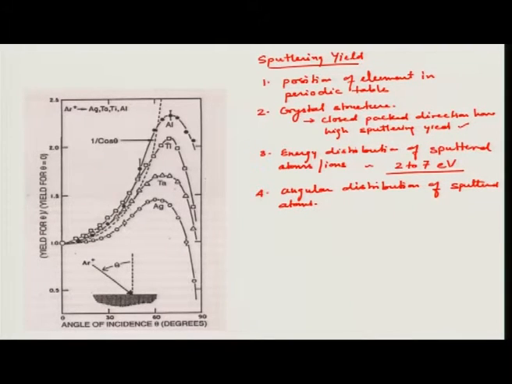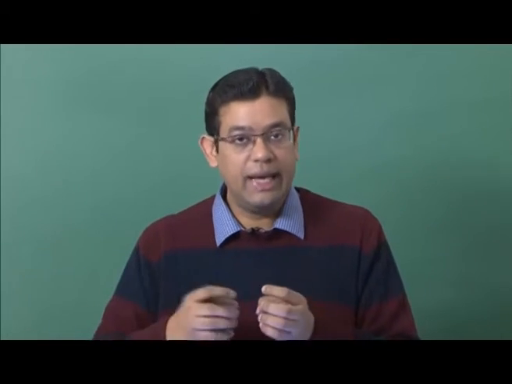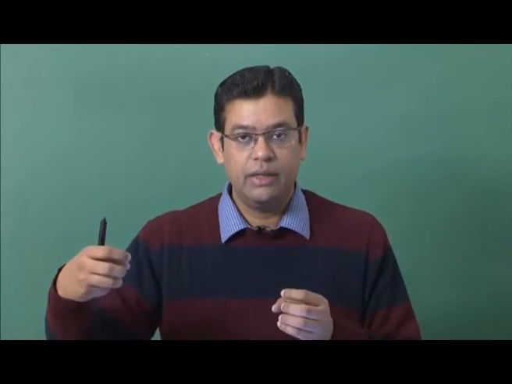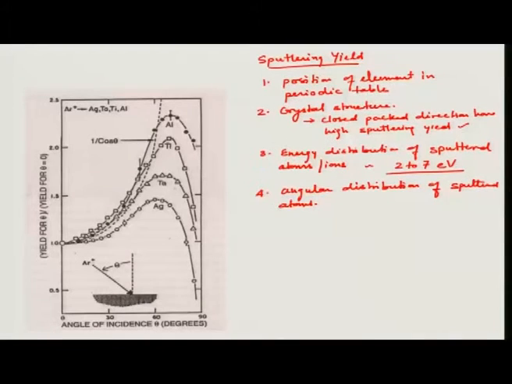Okay, so these atoms, when they come out of the target surface, will have a certain angle. They are not just coming out straight, so there will be an angular distribution. For high energy ion bombardment, this distribution will be very narrow.